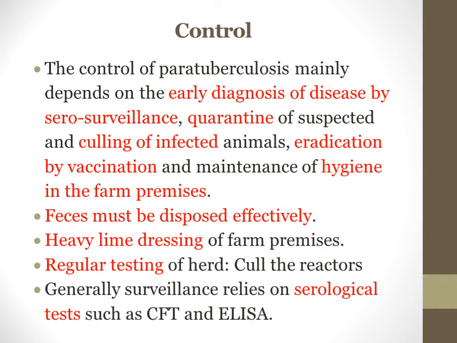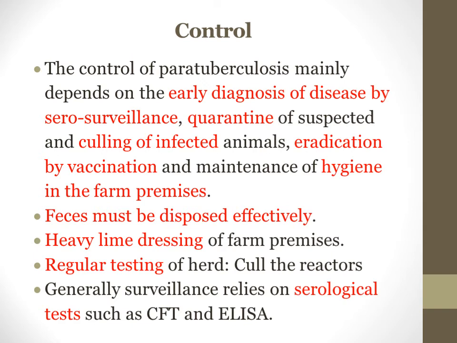Another important step is regular testing of the herd with a field test, the intradermal test. Cull the reactors every year. Regular testing is required. Every year, a reduction in the number of cases will be observed. Generally, surveillance relies on serological tests such as the complement fixation test and ELISA.